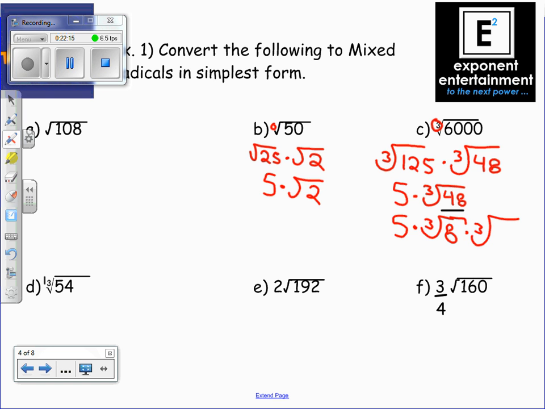We're not done. What's the cube root of 8 equal to? 2. So it becomes 5 times 2 times the cube root of 6. 5 times 2 is 10. So your final answer is 10 times the cube root of 6.